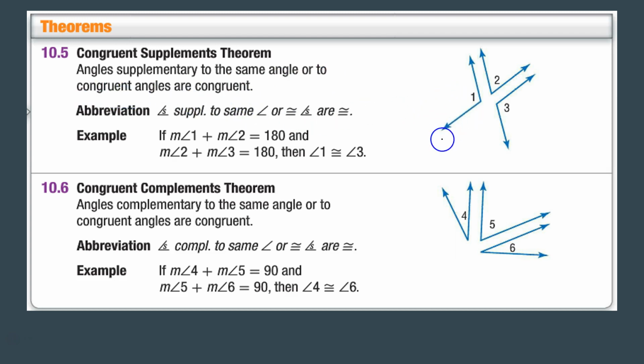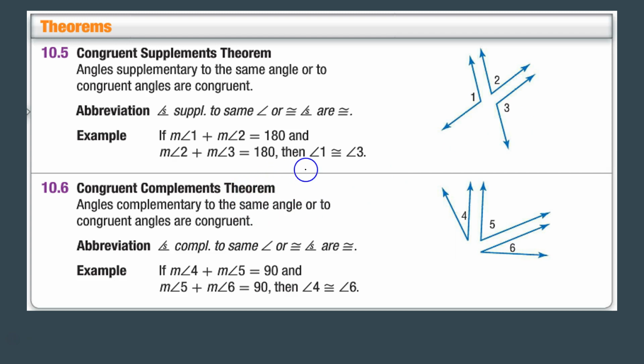In our case, if the measure of angle 1 plus the measure of angle 2 equal 180 degrees, and the measure of angle 2 plus the measure of angle 3 equal 180 degrees, then we know that angle 1 is congruent to angle 3.